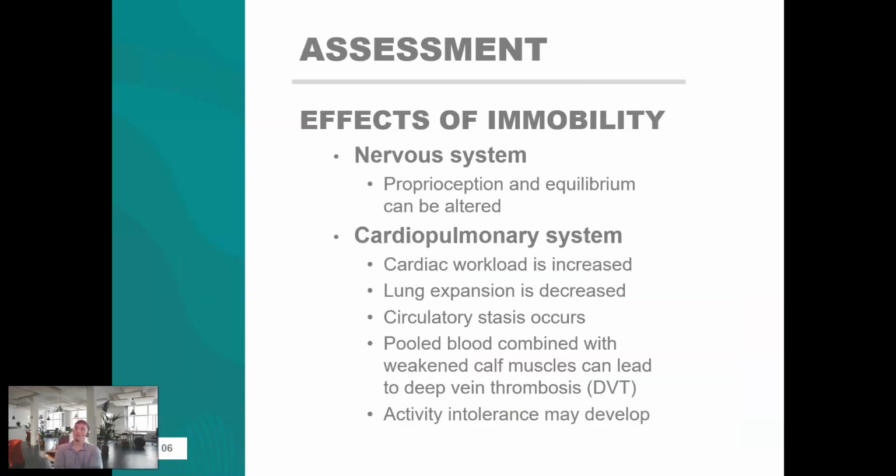Let's talk about our nursing assessments, specifically on the effects of immobility. So when we look at our nervous system, you have proprioception, which is the awareness of the positioning and movement of the body. It sounds really complicated, but really it's just that awareness of the position and movement of the body.